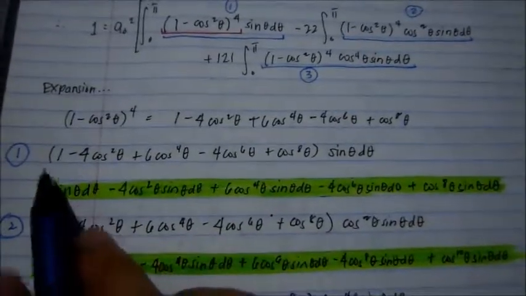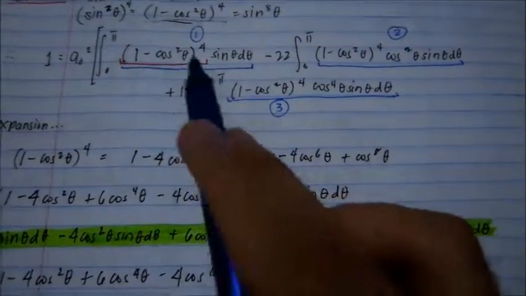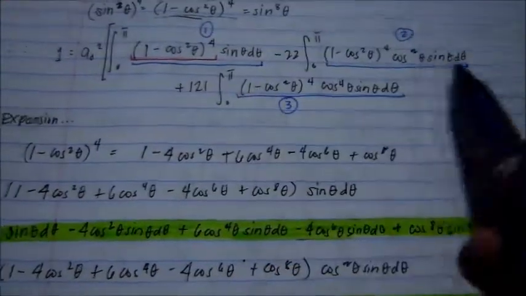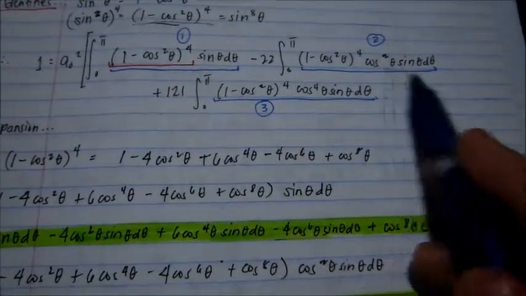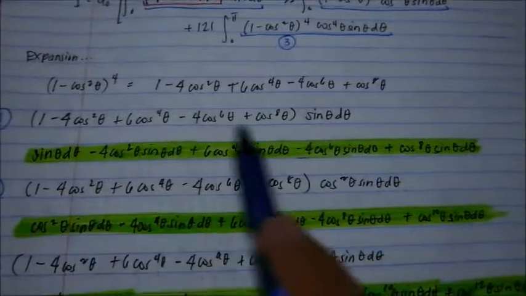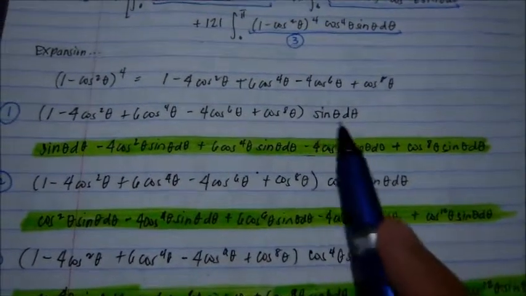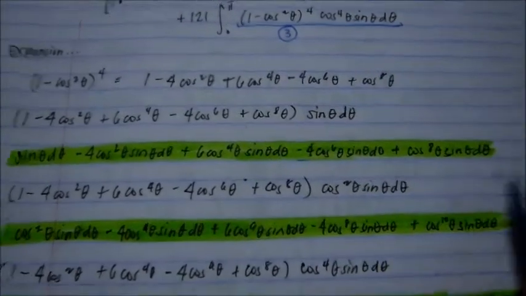Joke. Next, after expansion of this term, we will apply the functions that are next to it. We have to distribute this sine theta d theta here, so this will lead to this.